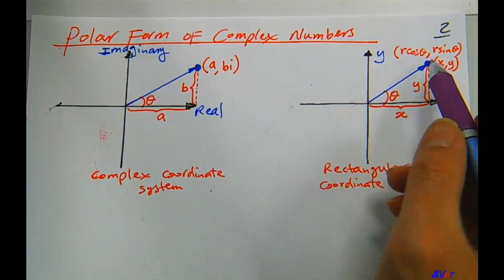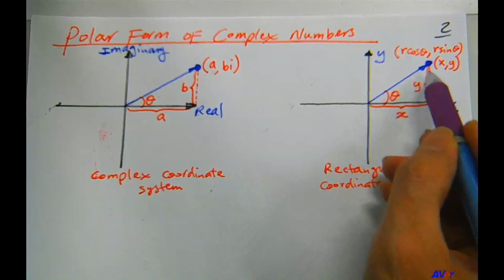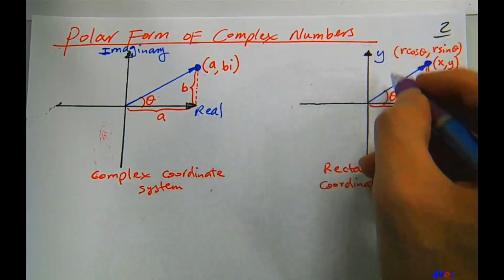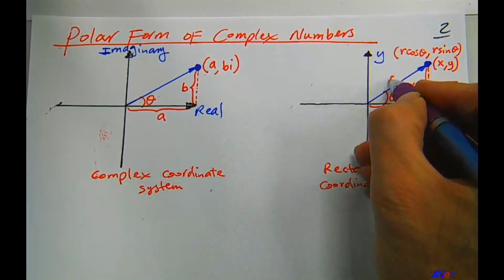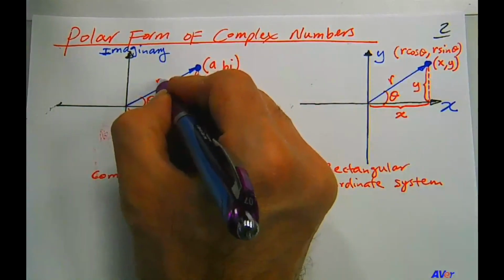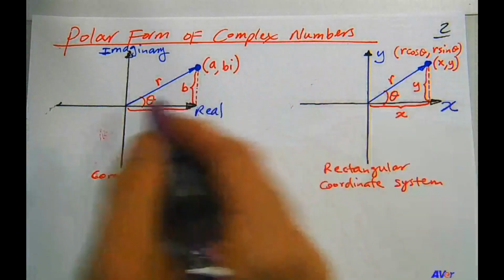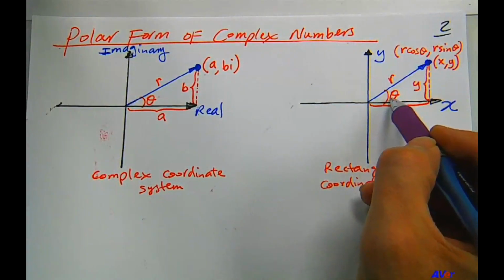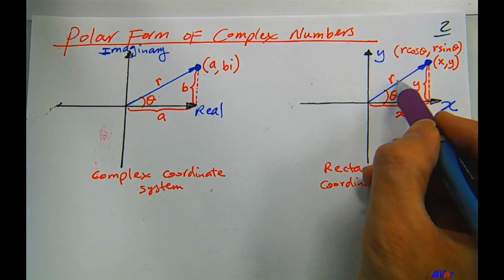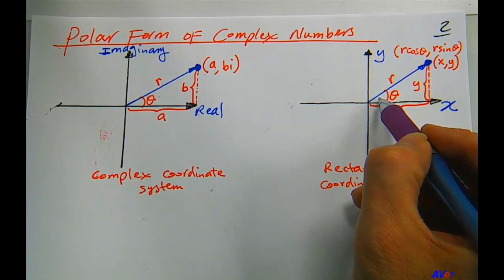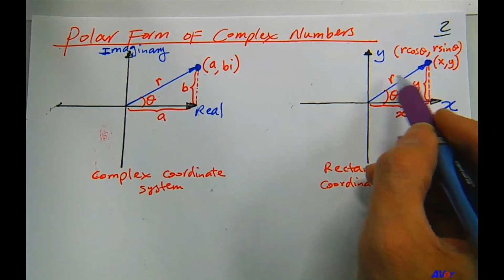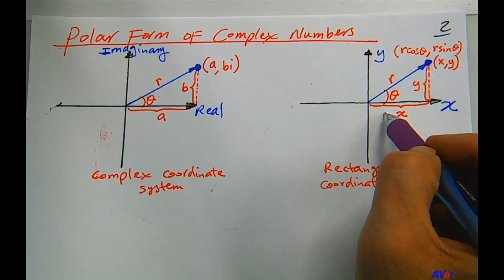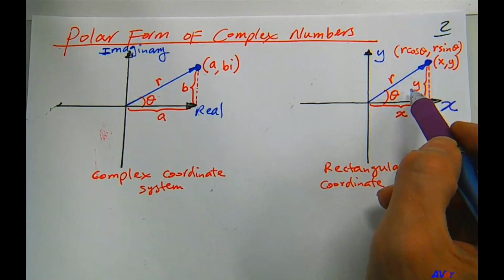Sine of theta would be the opposite divided by the hypotenuse. I should not forget to label this hypotenuse as r here and also r here, the distance r. Okay, so if the sine of theta is y divided by r, right, then y is equal to r sine theta, which is what we have here. By cross multiplying, we can get that, right?